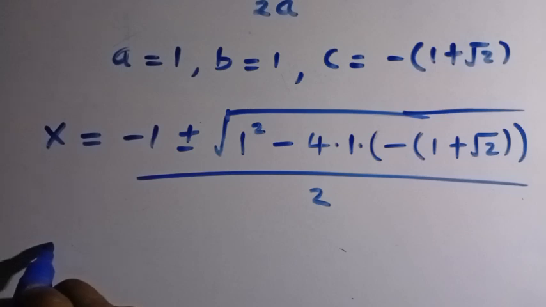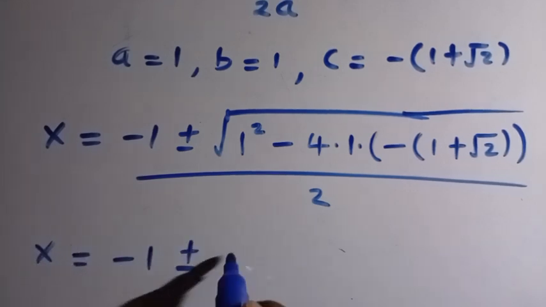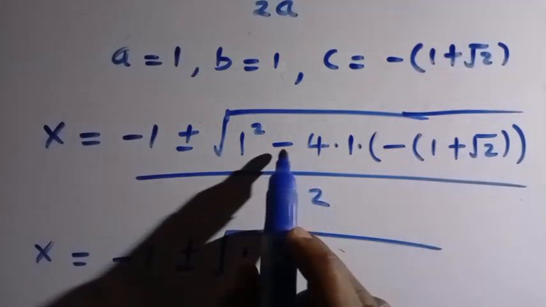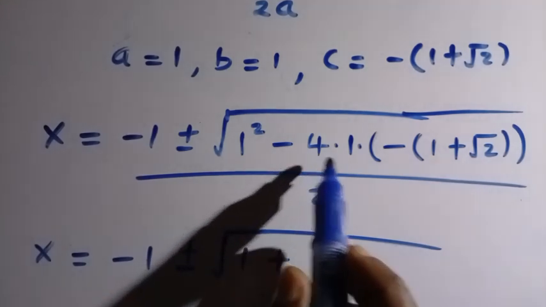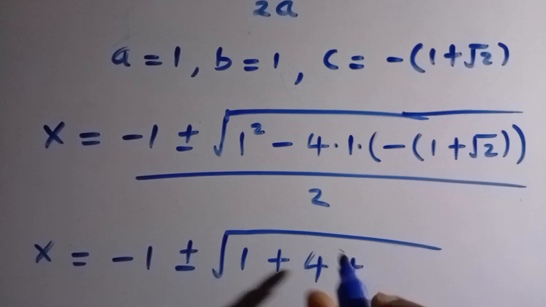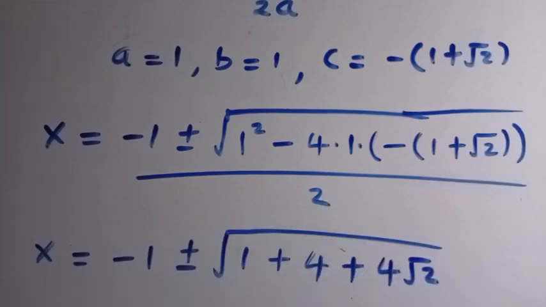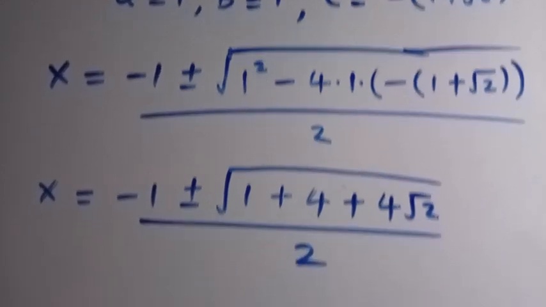Then from here, we have x equals minus 1 plus or minus the square root of 1, then minus times minus is plus, so here is 4 times 1. We get 4 plus 4 times root 2, that is 4 root 2, all divided by 2.